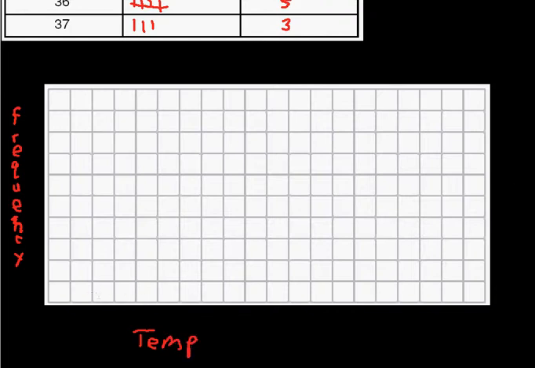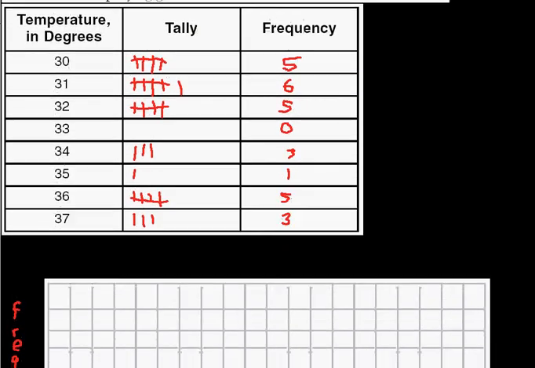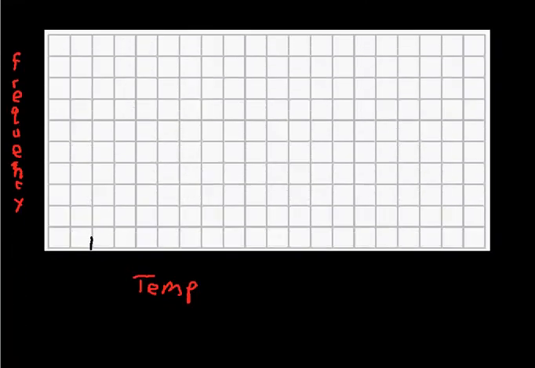We'll use every other line to represent 1 degree. So what's our range here? From 30 to 37 degrees.